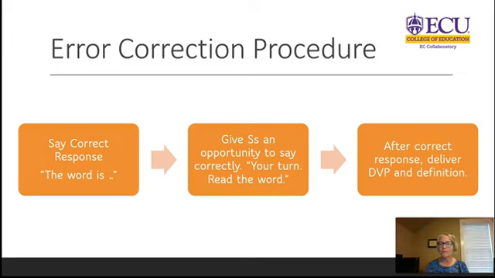"Your turn. Read the word." They say "disease." After the correct response, you deliver the descriptive verbal praise and possibly the definition. I know the box says the definition, but that's that indirect learning that makes your instruction so much more efficient. So if you want, you can deliver some incidental information along with that descriptive verbal praise.